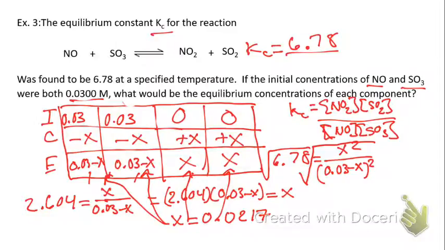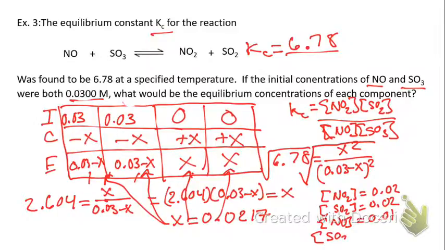In the end, if we plug in x and do the math, we should find that at equilibrium, NO2 is equal to 0.02, SO2 is equal to 0.02, NO is equal to 0.01, and SO3 is equal to 0.01 as well.